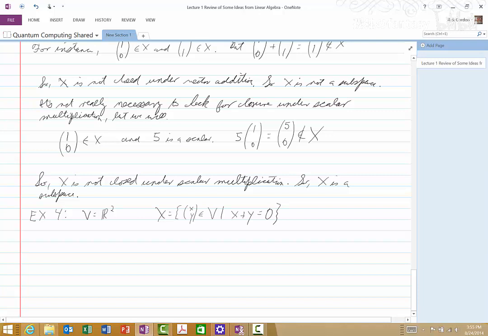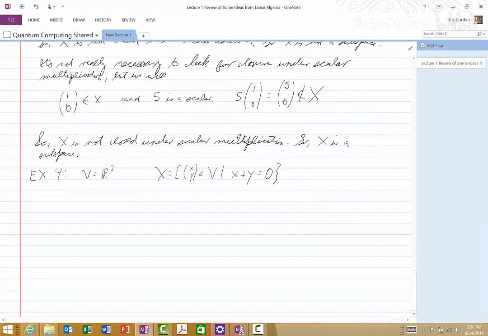So just as we did in going from example 1 to example 2, we made just a very small change. Same thing here in going from example 3 to example 4. Instead of x plus y is equal to 1, we have x plus y is equal to 0. And I'll ask, is this X a subspace?